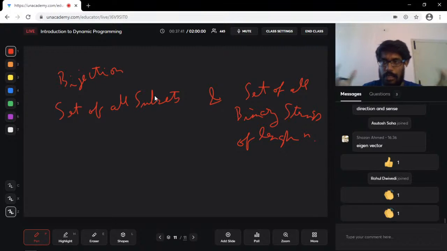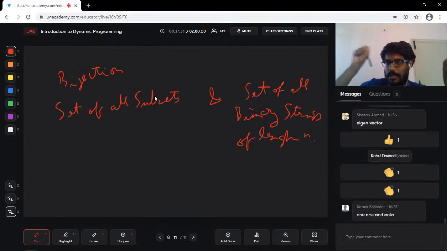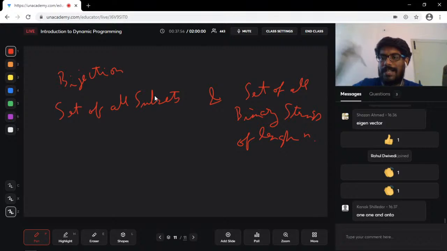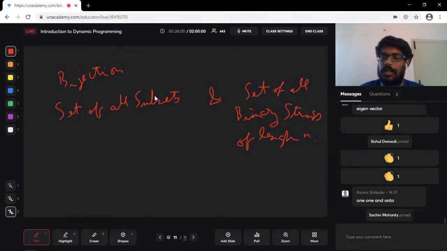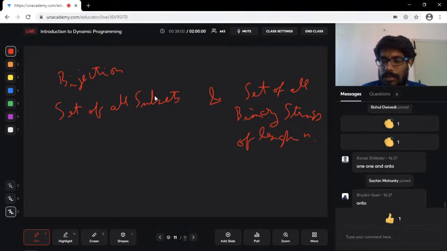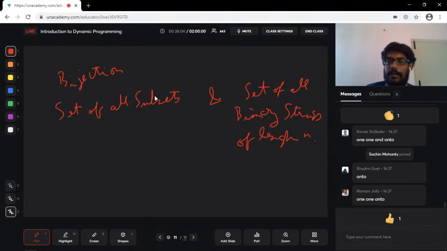You could sit and prove it's a bijection. If there are any middle school students, bijection just means it's a correspondence map. I take any subset, there's a corresponding binary string, and if I take a binary string, there is a corresponding subset attached to it, right? Yes, one to one and onto, exactly.